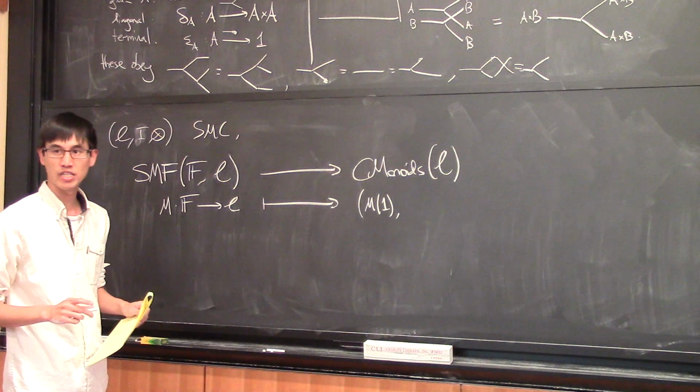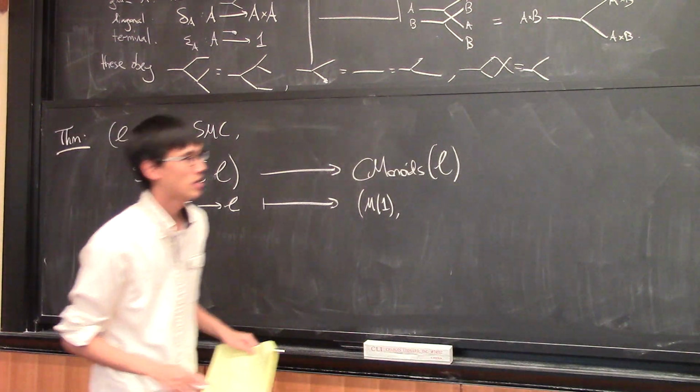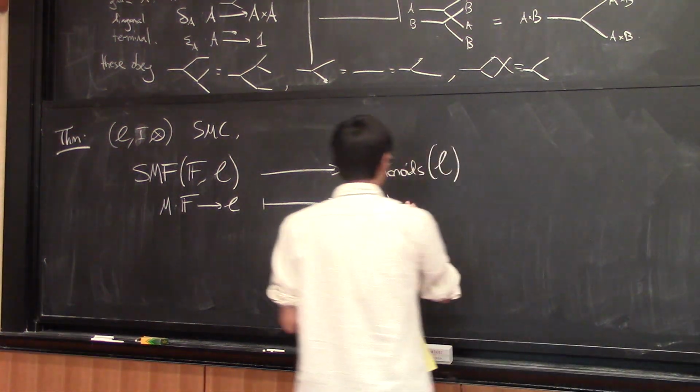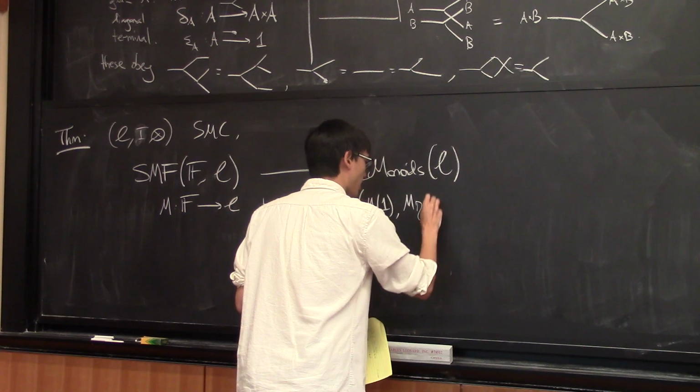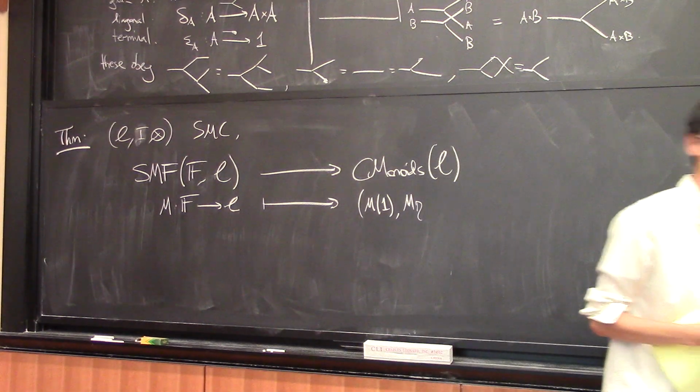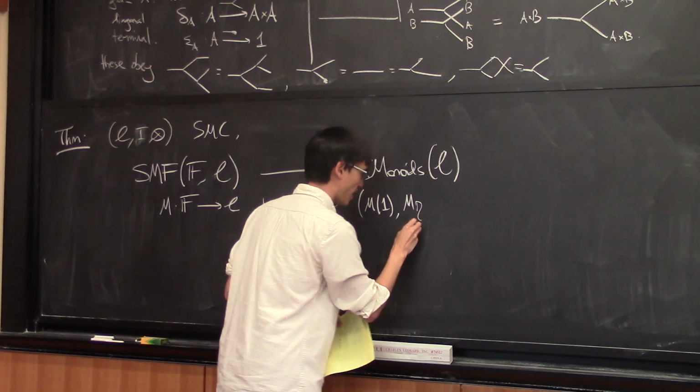We need a unit in our commutative monoid, but we have this map eta in F, which goes from 0 to 1, so we can get a map M of eta, which I'll annotate down here.